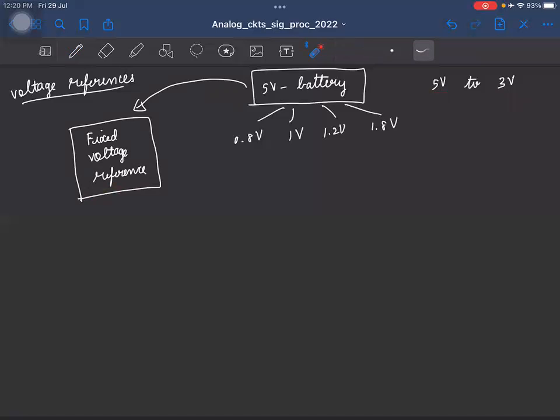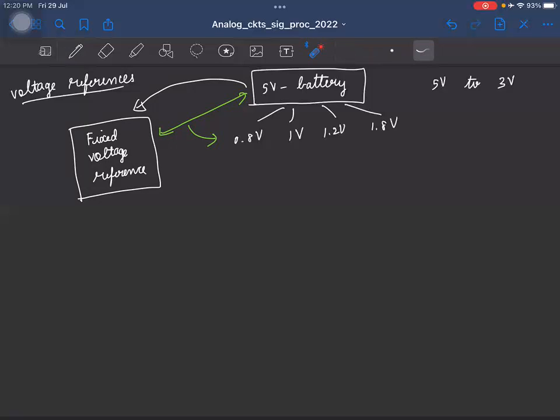Okay. So now using these two, you can generate all the required supply voltages. Make sense, right?